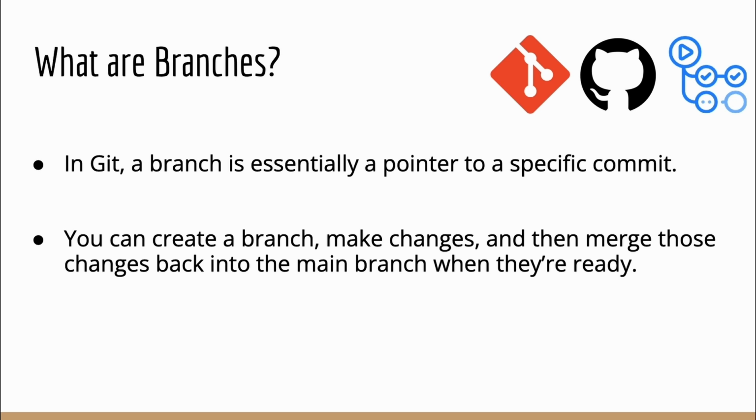It takes that code that exists at that point and copies it to another place, another branch, where you can then manipulate it and play around with it, make changes and test things and so on without touching the main code that you had essentially copied. You can therefore create a branch, make your changes, and then once you're happy, you can merge those changes back to the main branch when they're ready. At that point, it would overwrite what's on the main branch with your new version of the code.